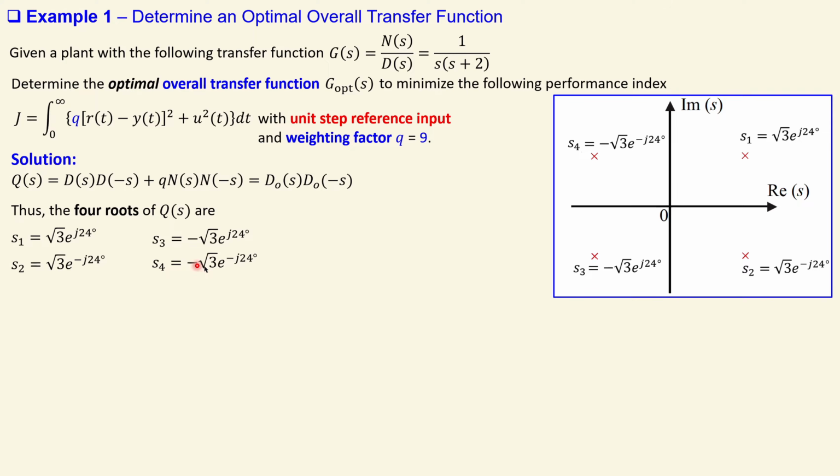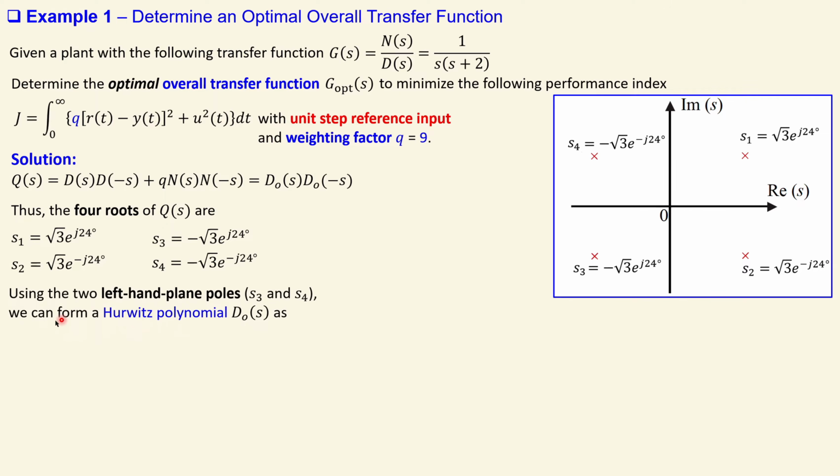And S4 is minus the square root of 3, having a negative angle, it's actually shown here. Okay, now using the 2 left half plane poles, so S3 and S4, we can form the Hurwitz polynomial D0 as follows. So we can say it is S minus S3 times S minus S4.